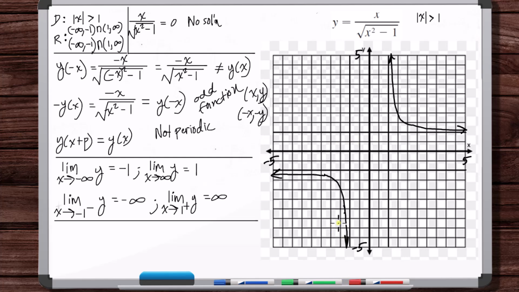You can get any value from minus infinity all the way up to minus 1, not including minus 1. And then you could go from 1, not including 1, all the way to positive infinity. But you can't get any y value in this region, just like you can't input any x value in this region. And that's the graph.